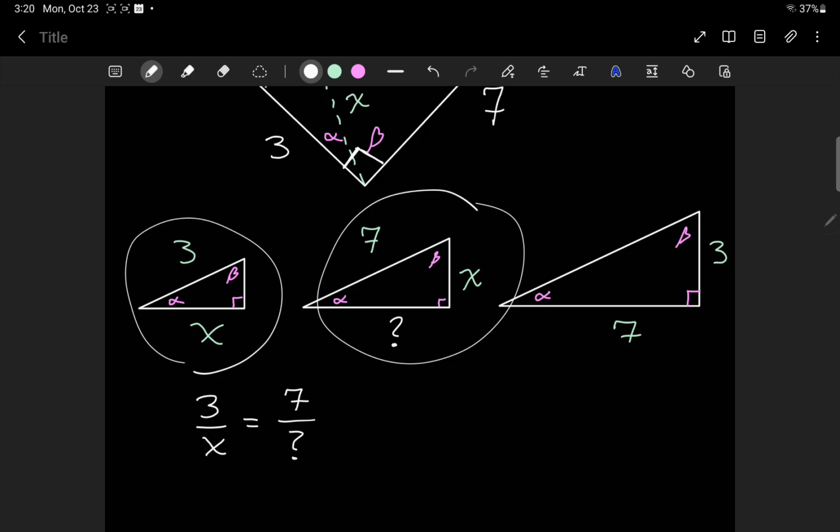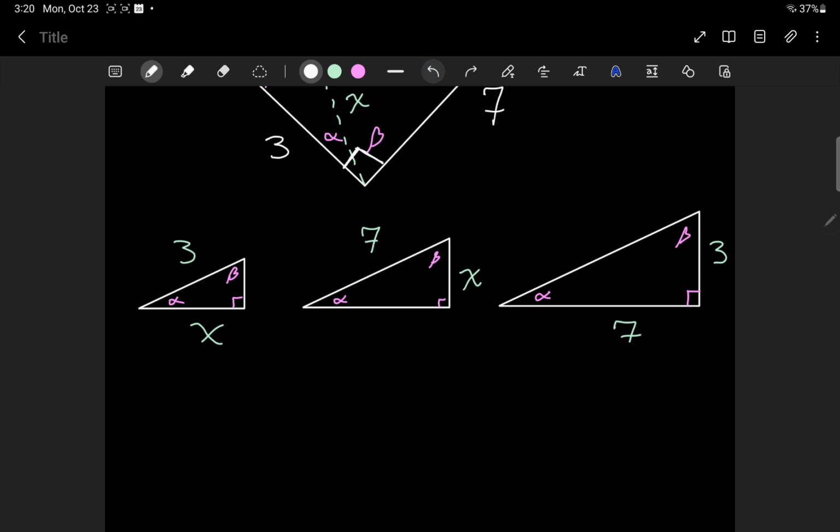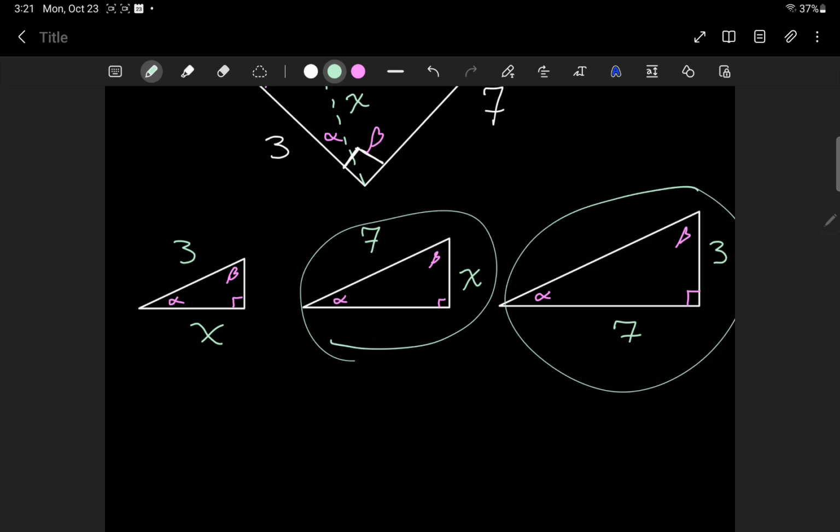So that's not going to work. I could try something with these triangles over here, right? So something like 7 over x. So 7 over x is going to be equal to, so now I need this thing over here. 7 over x is going to be equal to question mark over 3.